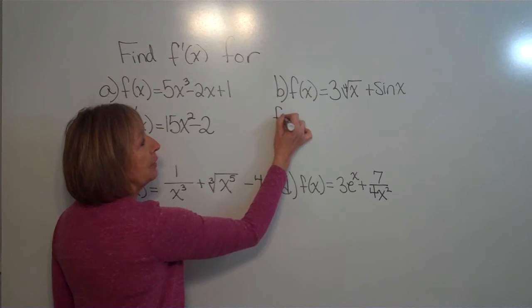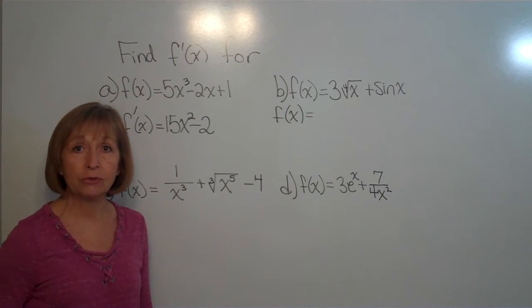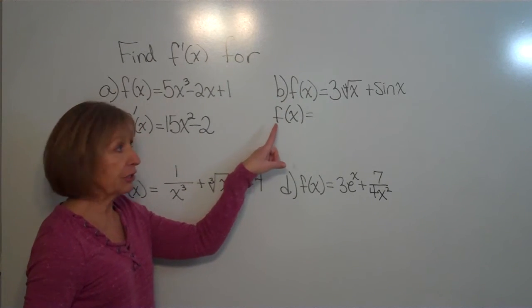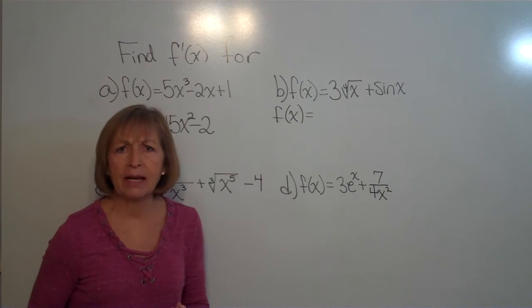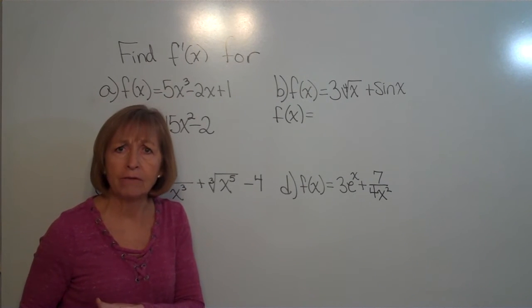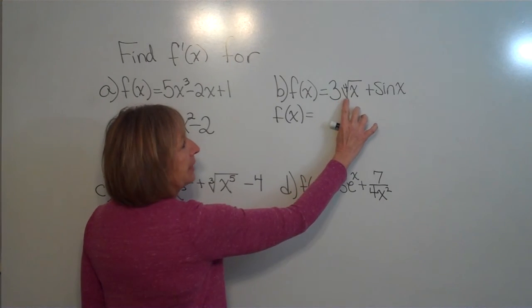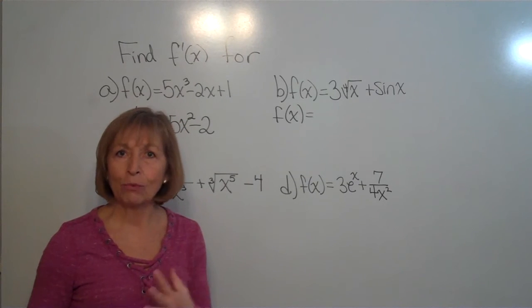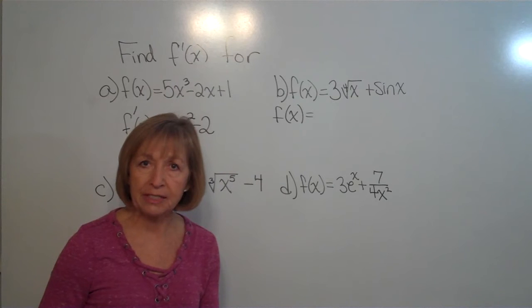Here, I need to rewrite my function before I actually calculate the derivative on this. It's still the original function, so I'm still going to call it f of x, but I need to rewrite it so that I can use my basic rules of derivatives. Here, I have 3 times the 4th root of x, and I don't have a way of really looking at the derivative when the radical notation is there.